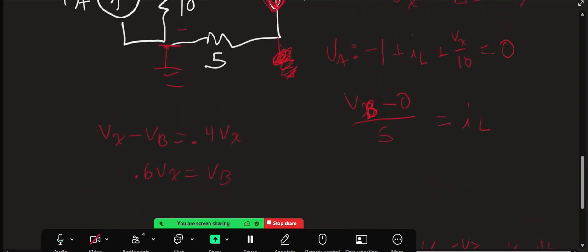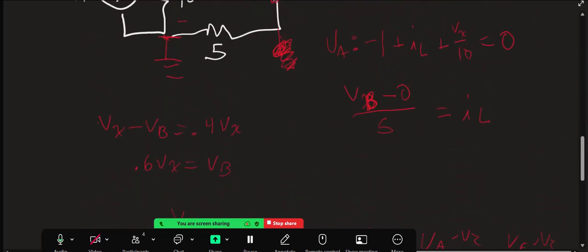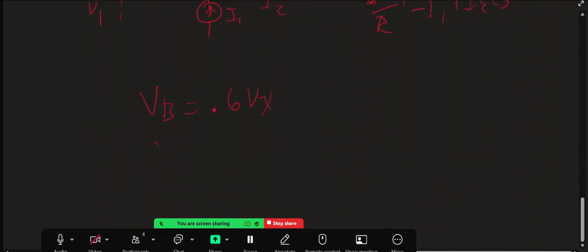So we have some various equations. We have that VB equals 0.6 Vx. We have that VB over 5 equals IL.